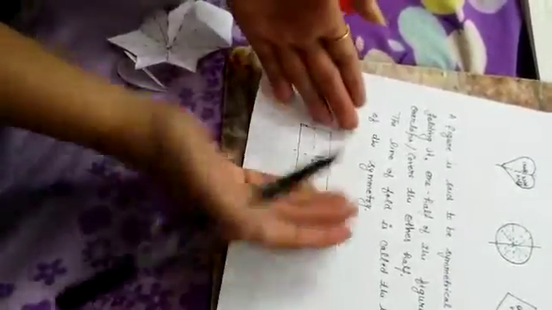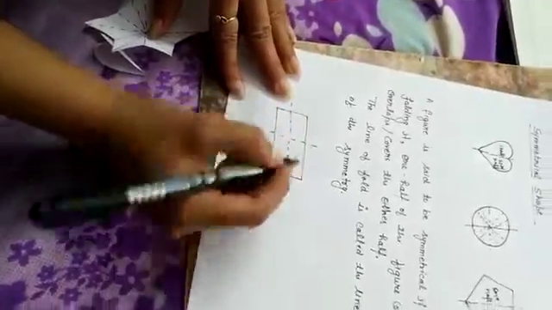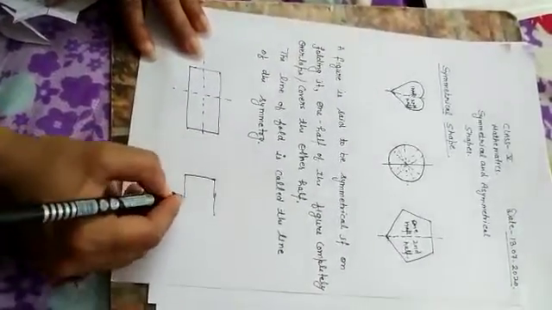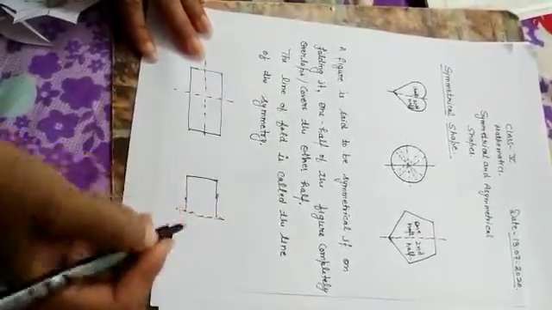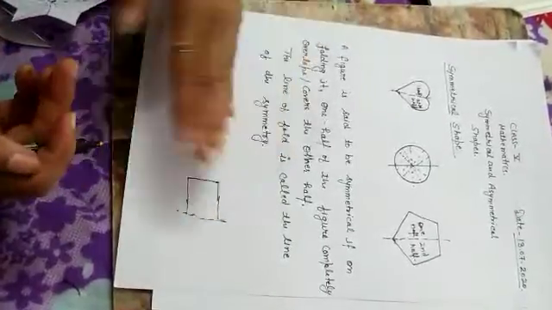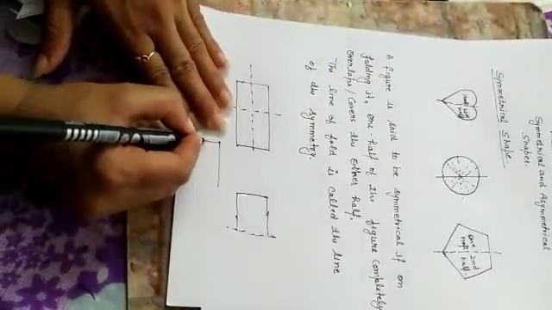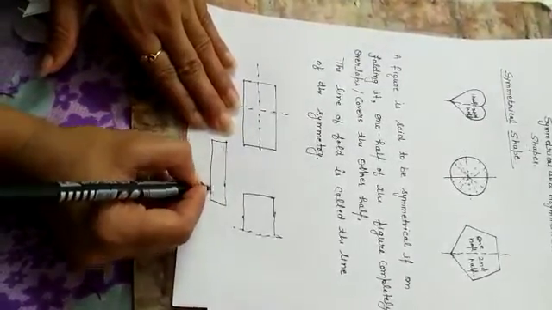When we fold on this line, we get this shape, or when we fold on this line, we get this shape.